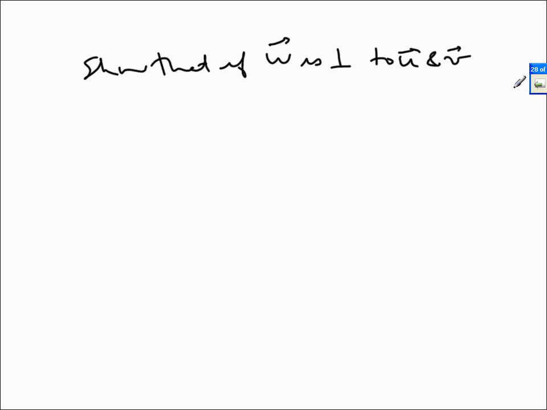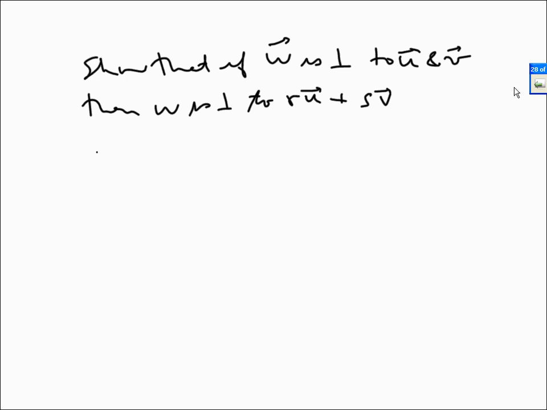We want to show that if W is perpendicular to vectors U and V, then W is perpendicular to what's called a linear combination. It's perpendicular to a multiple of U plus a multiple of V, where R and S are any scalars.